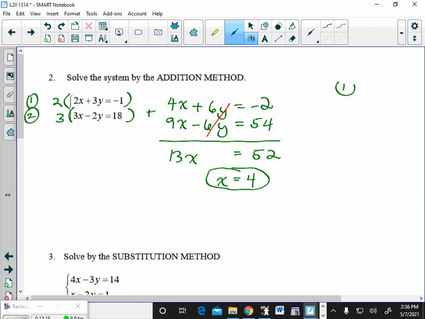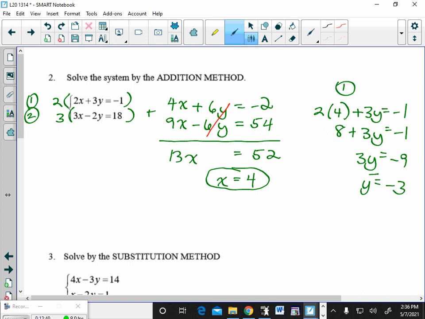I'm just going to go back and do equation 1. 2 times 4, that's my x, plus 3y equals a -1. 8 plus 3y equals a -1. 3y equals a -9, and y equals -3. So now our solution is 4, -3.